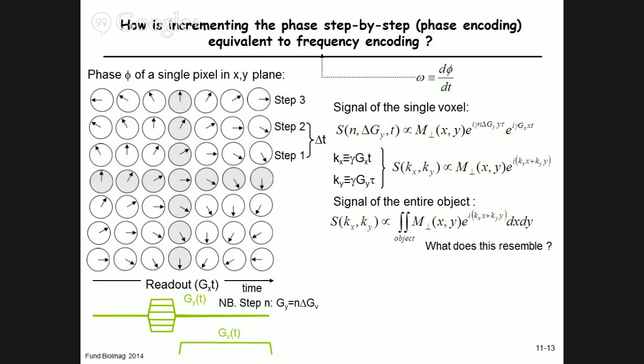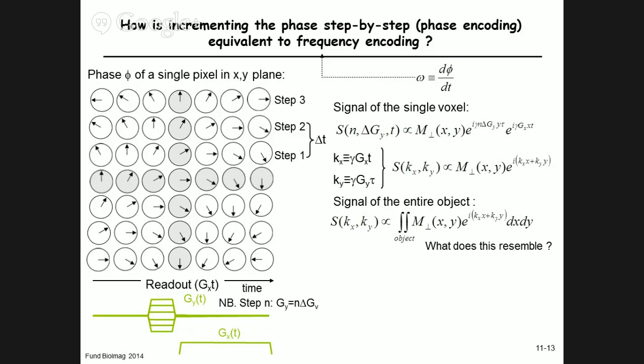Okay. We had before something with Mx times e to the i kx times x, dx. Now we have two integrals. We have in two different directions i kx times x plus i ky times y. So what do we have now? We integrate instead of along x, we integrate along dx and dy. We go from one-dimensional integral to two-dimensional integral.